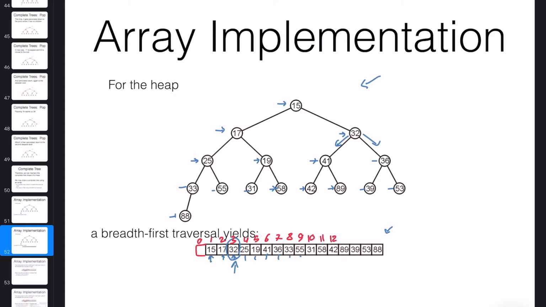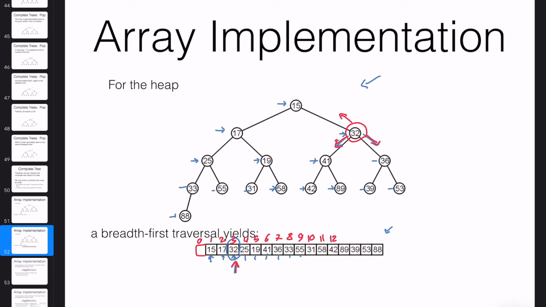Okay, so I just wanted to know, for example, the value 32 that has been stored in index 3, where is the parent of this node? Where is the left child? Where is the right child?